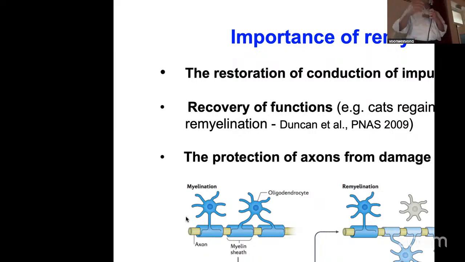So this is a realistic goal in the field of multiple sclerosis: to enable remyelination in order to prevent axonal degeneration and progression of disability, and hopefully someday down the road, the recovery of functions.